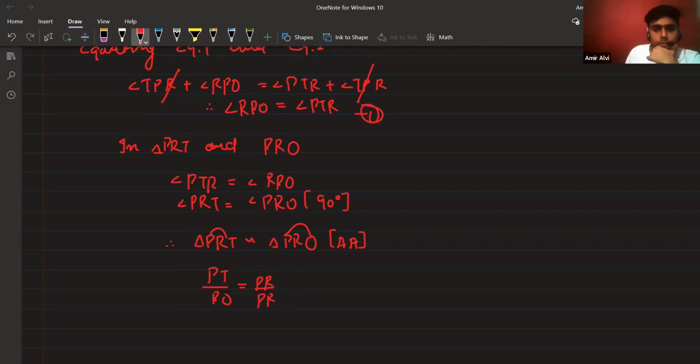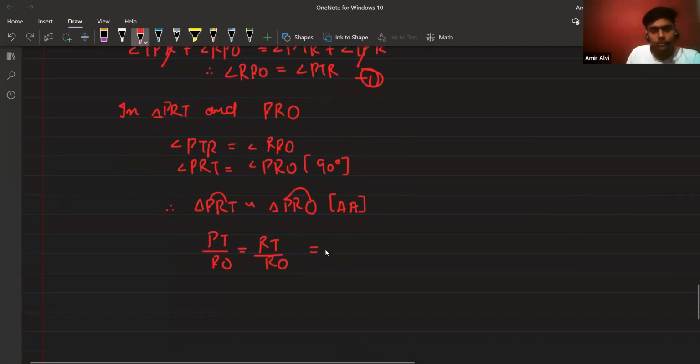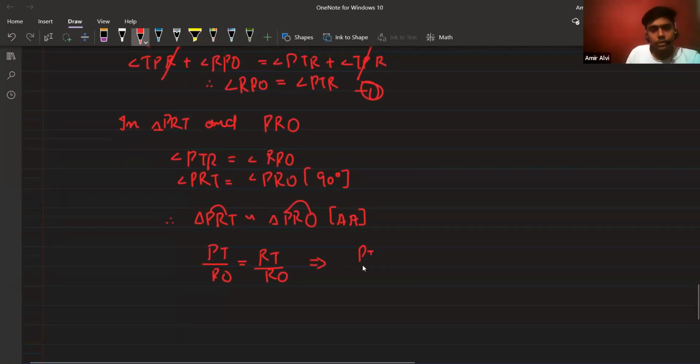Just give me a second. TRP and PRO. It would be RT by RO. So if it's RT by RO, what is the value of PT? It's not given.